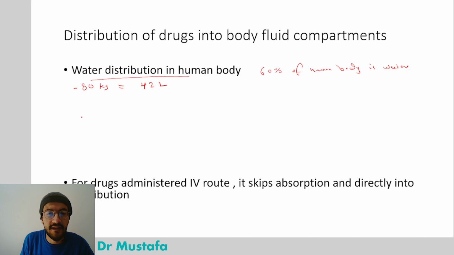So the total fluid in an 80 kilogram person would be 42 liters, and that would be split into two main compartments: the intracellular fluid, and the extracellular fluid.